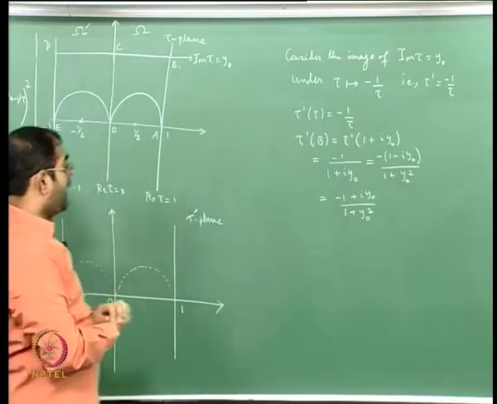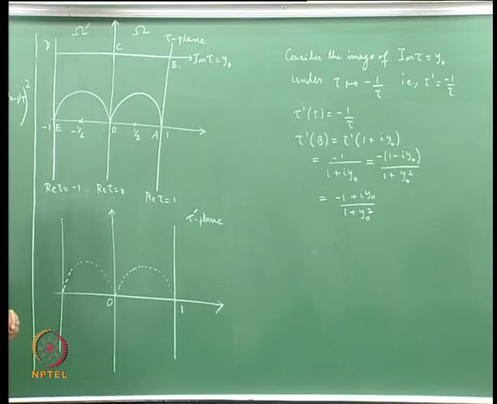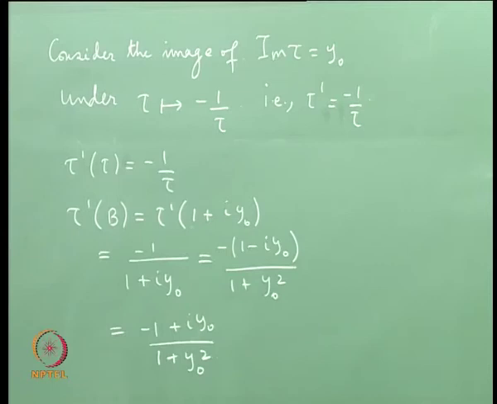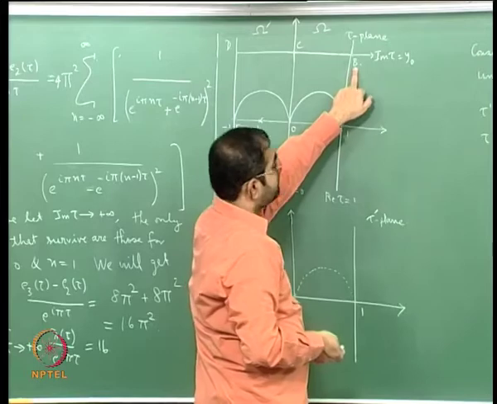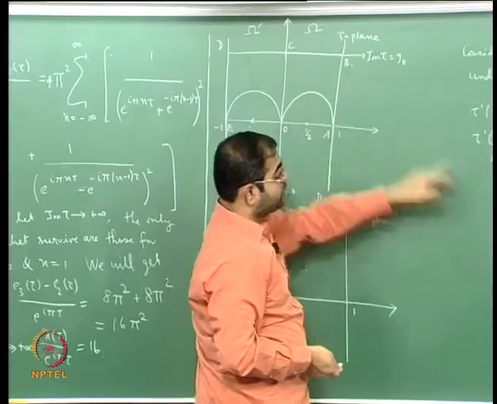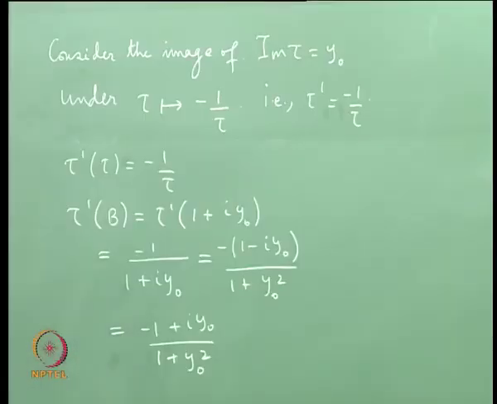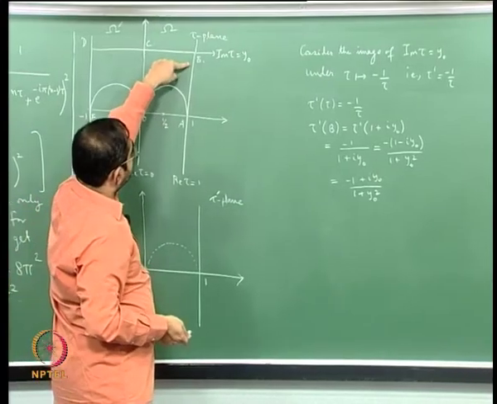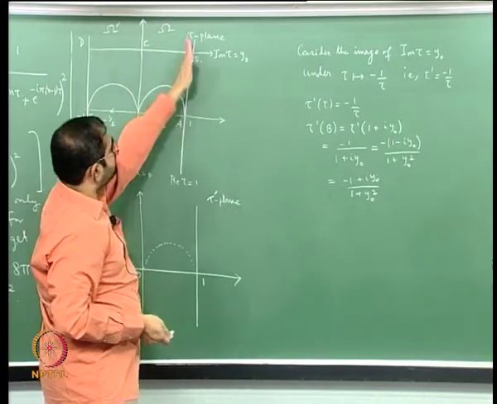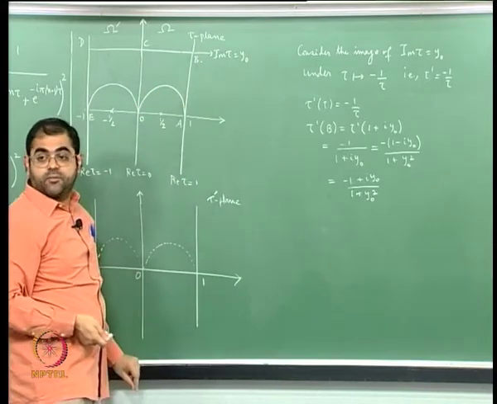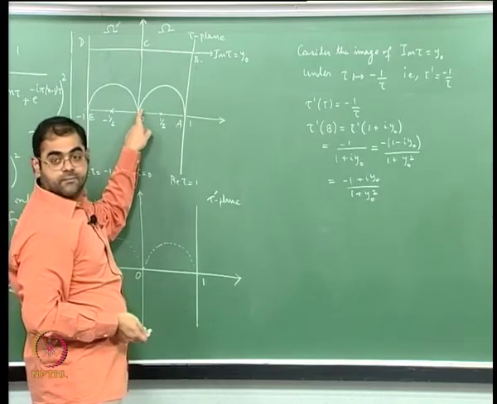This is what I am going to get, and where will this point lie? So you see, this point, notice, B has to go to this point, alright, here, okay, and if I calculate, also notice that this whole line is mapped by tau going to -1 by tau onto this circle, onto the semicircle.